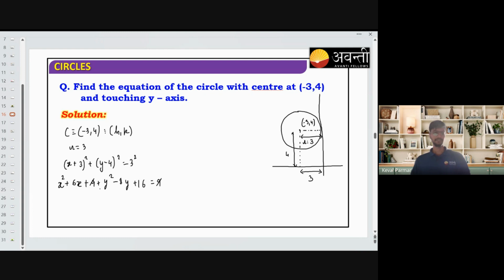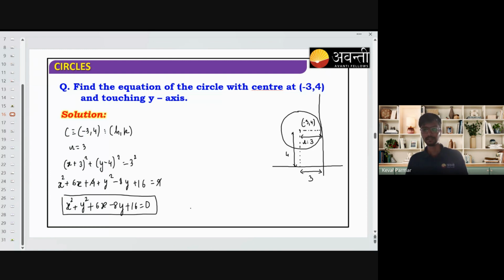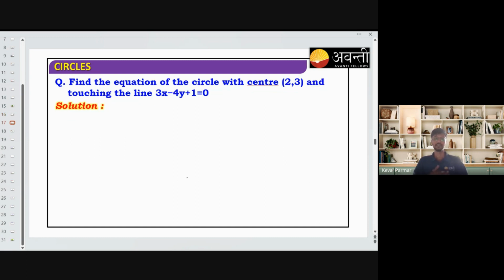If we rearrange, we'll get x square plus y square plus 6x minus 8y plus 16 equals 0. This is my answer. Correct, guys? Very simple question to start with. Slowly we will improve the level of our questions, right? So yeah, let's see the next question here.